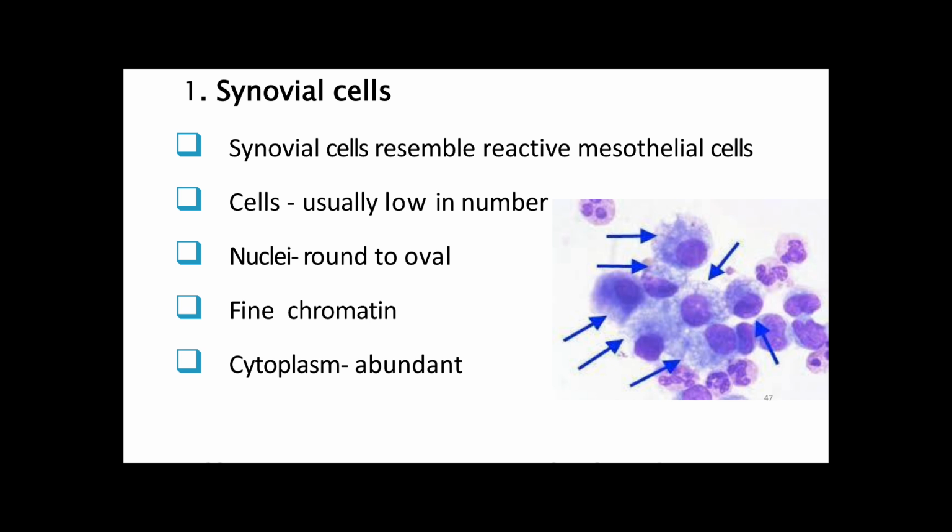You can see the picture here, abundant cytoplasm. The nuclei are round or oval, and normally present in low number because, as we already discussed, synovial fluid has a high fluid content and low cellularity. The cytoplasm is abundant.